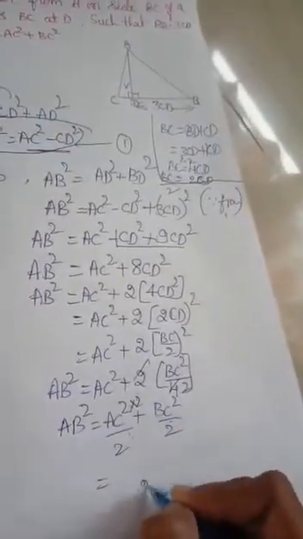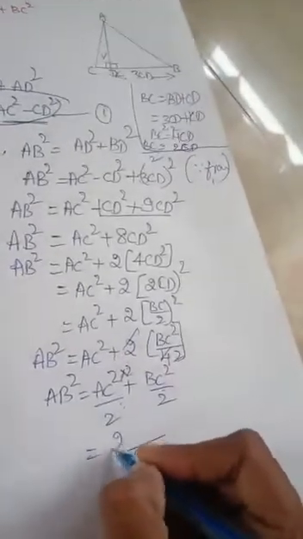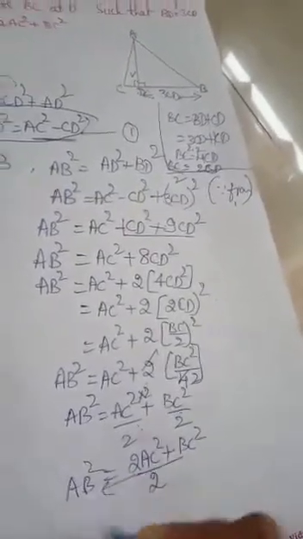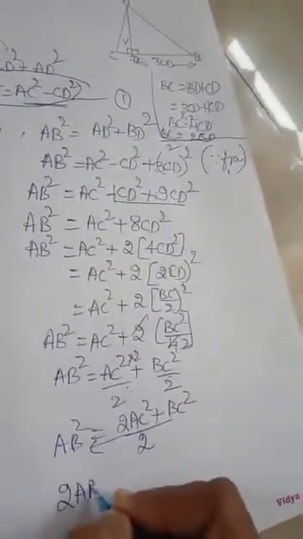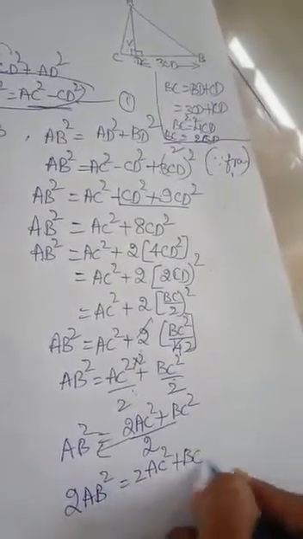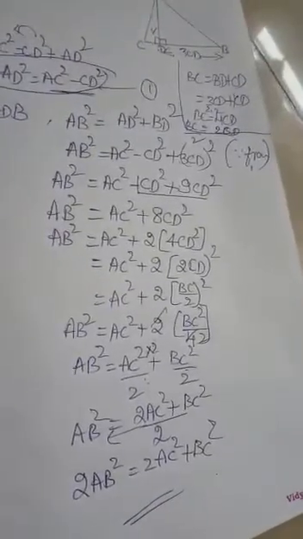Therefore, by adding, 2 AC square plus BC square. By cross multiplication, we get 2 times AB square is equal to 2 times AC square plus BC square. This is the solution for problem 14.